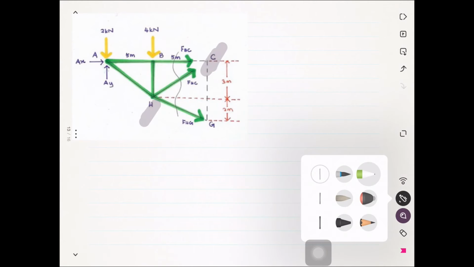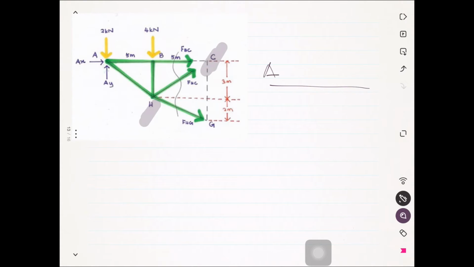Based on theory, collinear and non-collinear: A, B, C is collinear, but the perpendicular to the collinear is non-collinear.